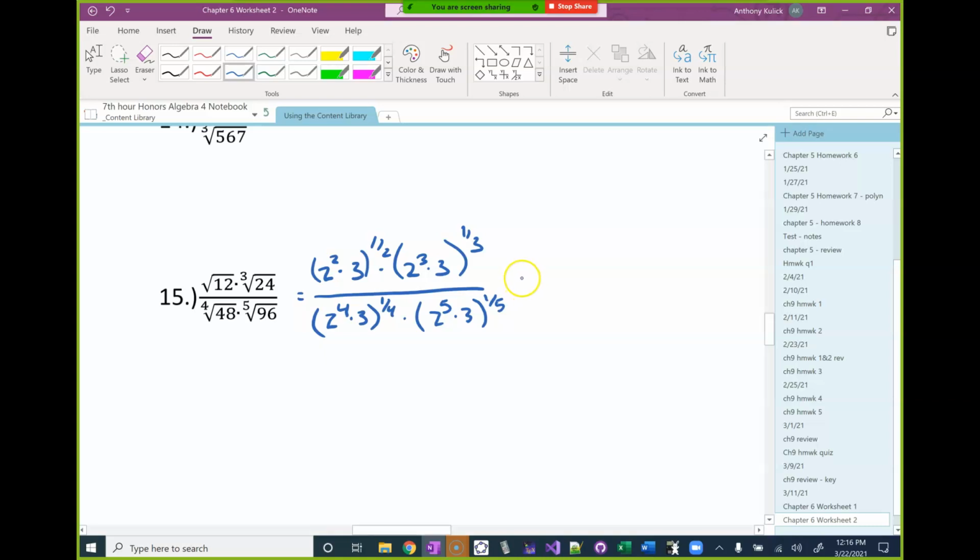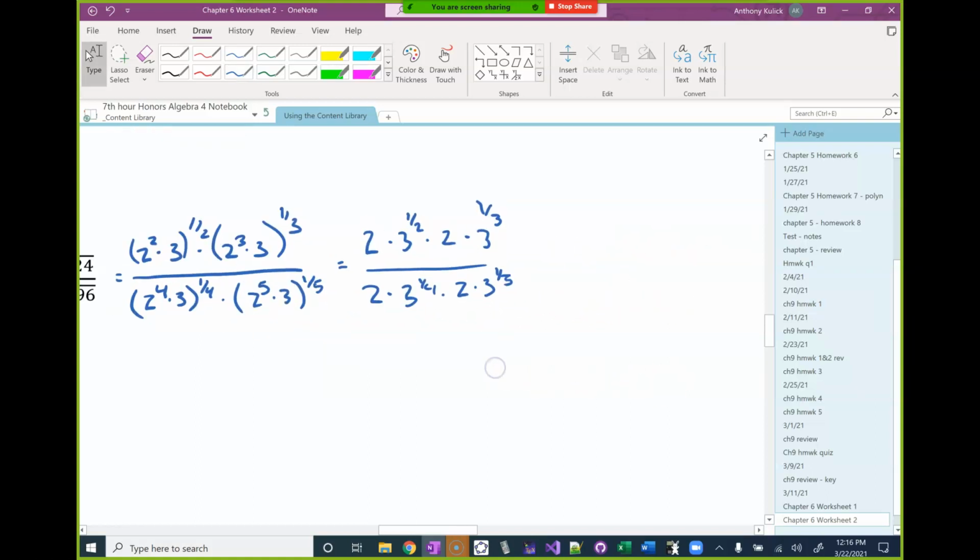So I have just 2 to the first times 3 to the 1/2 times 2 to the first times 3 to the 1/3 over 2 to the first times 3 to the 1/4 and 2 to the first times 3 to the 1/5. So the 2's can just reduce out of there.